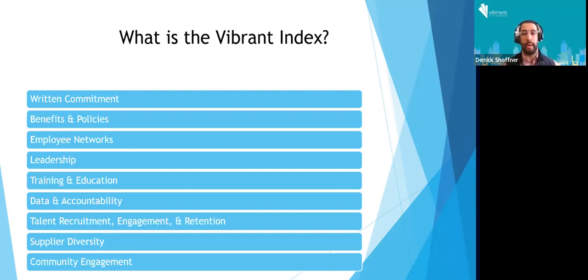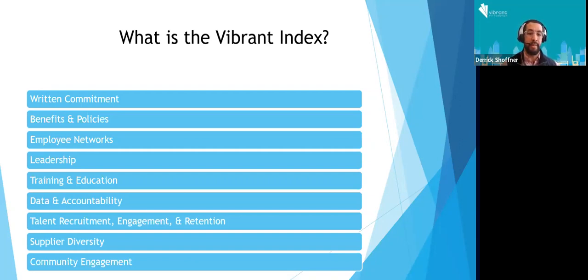There are 9 pillar areas that will be assessed within the Vibrant Index. And more stably, year after year, questions remain the same, with now in the 4.0 an infusion of a couple of new questions, in addition to a couple of new portions, as we will discuss later in the conversation as well.